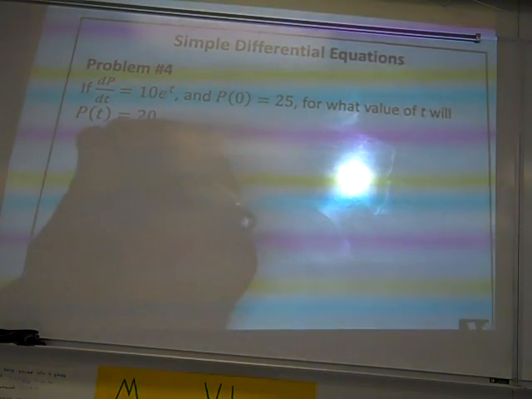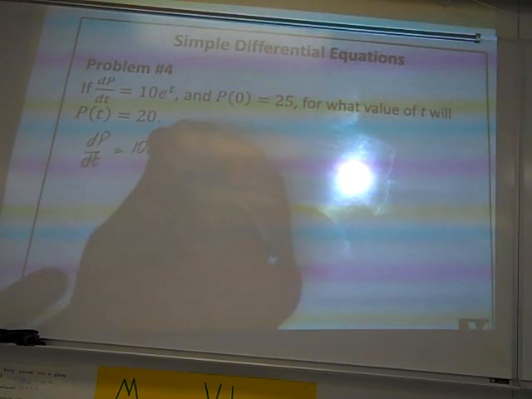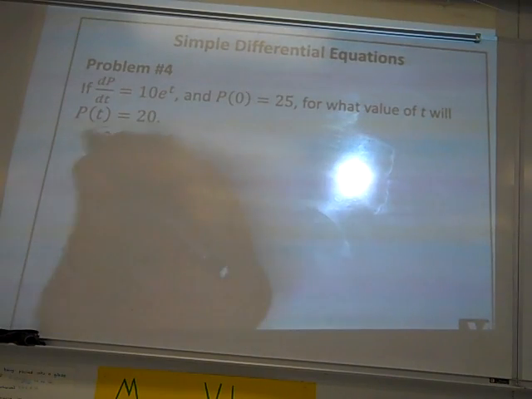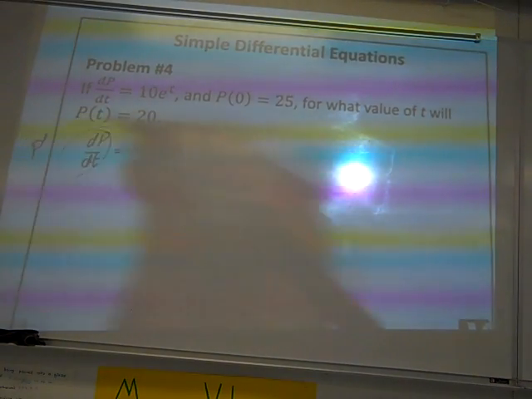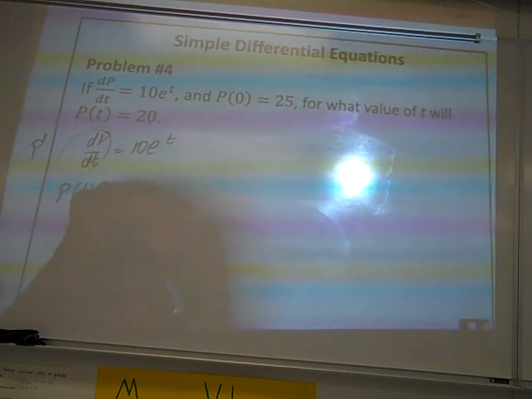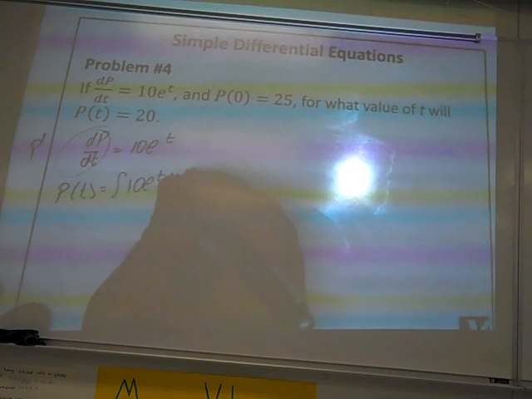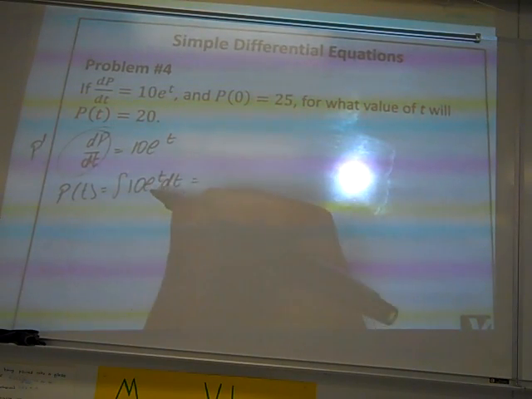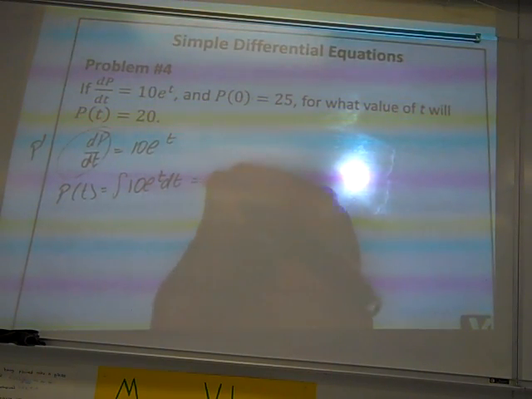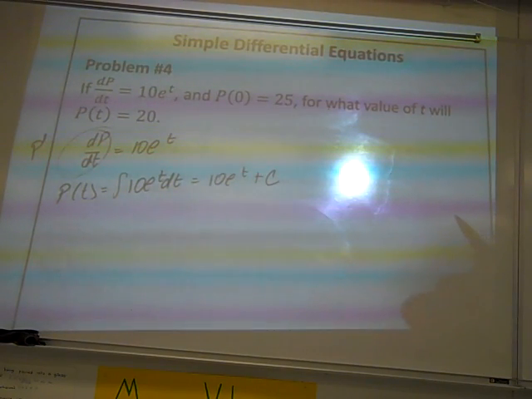So let's see. We know dp dt equals 10 e to the t. dp dt just means p prime. If I want to get to p, or the function p of t, we're going to integrate with respect to t. The integral of 10 e to the t is 10 e to the t plus our constant of integration.